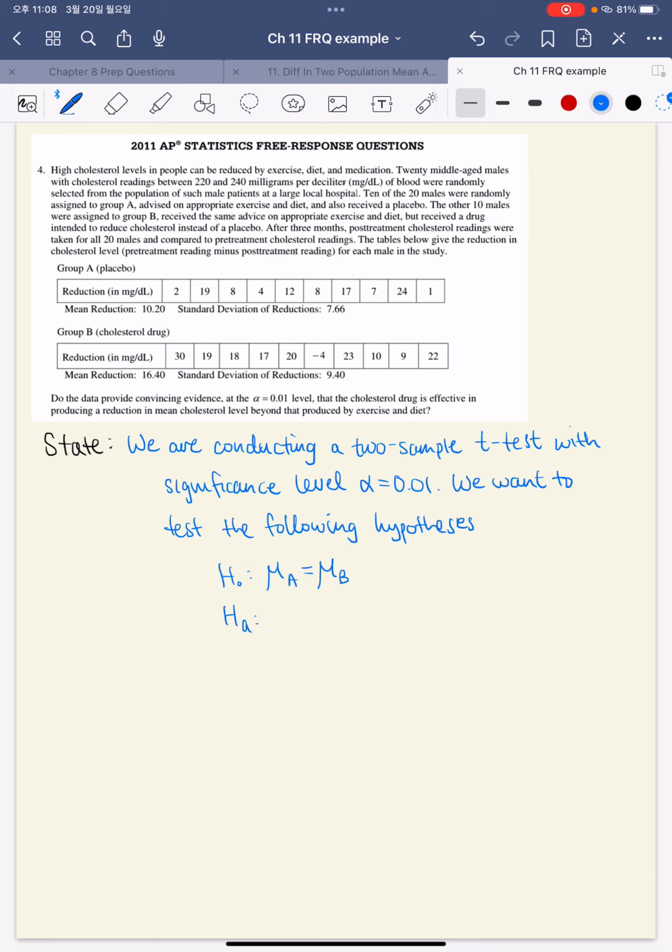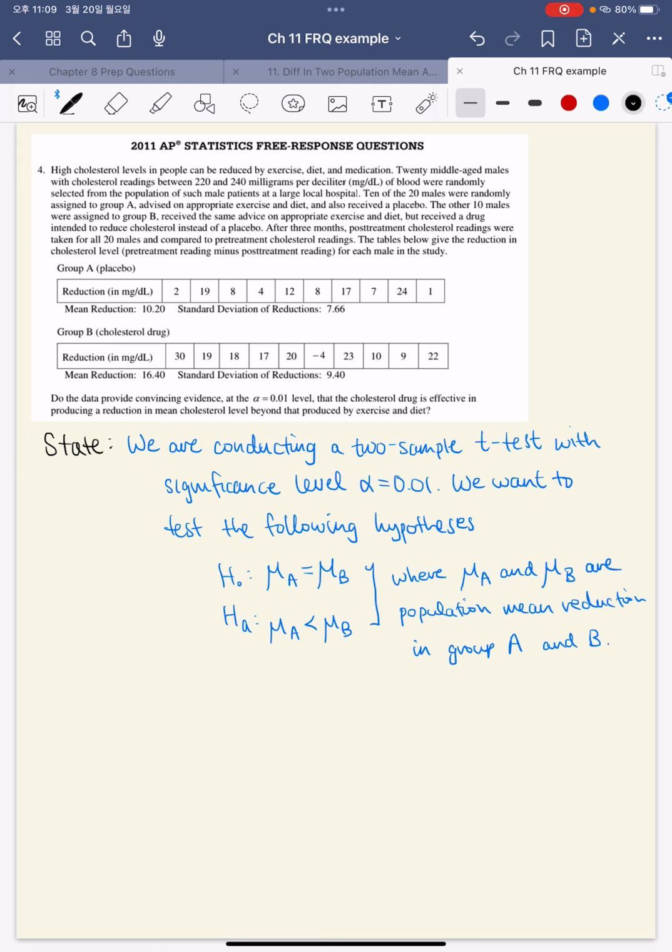Yeah, but if the drug does have an effect, as in if the drug actually helps reduce cholesterol reading, then the mean reduction of group B, which is the group that's using the drug, will have a higher mean reduction than group A. So these are our 2 hypotheses, and now we have to talk about what the values actually mean, where mu A and mu B are population mean reduction in group A and B. So this is what we have to say for state.